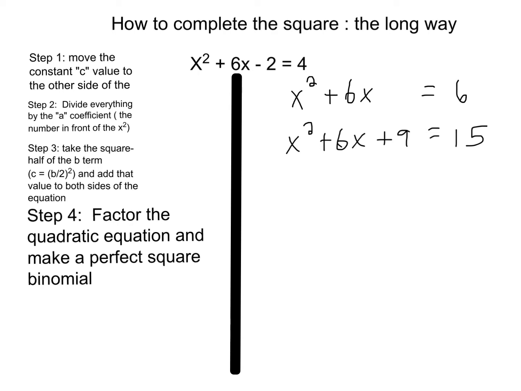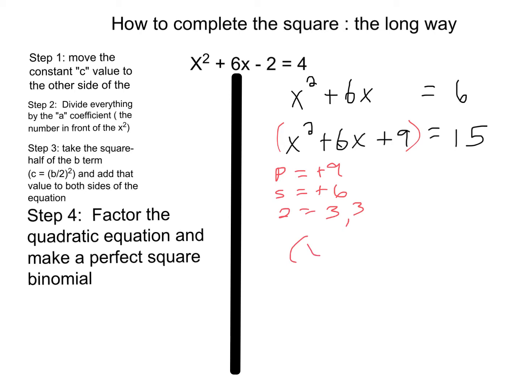Our next step: factor the quadratic equation and make perfect square binomials. We're talking about this part right here. This part we can factor using PS2 or whatever method you like. The product is positive 9, the sum is positive 6. The two numbers that multiply to 9 but add to 6 are positive 3 and positive 3.